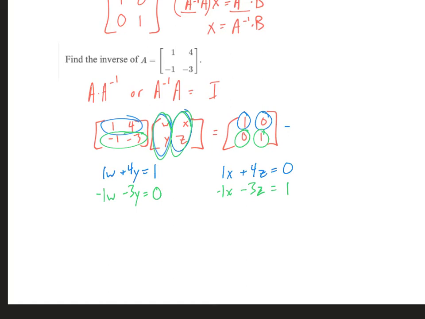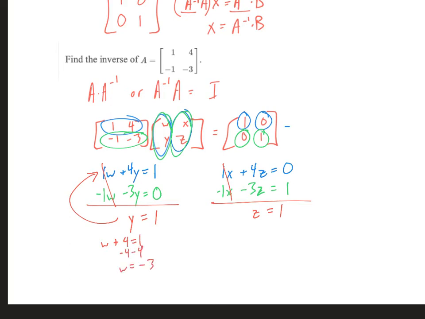Okay, so now I've got two systems that I can solve for W, X, Y, and Z. They work out pretty nicely. So I've got Y equals 1. Over here I've got Z equals 1. So if I go back to these original ones, W plus 4 equals 1, subtract 4, W equals negative 3.